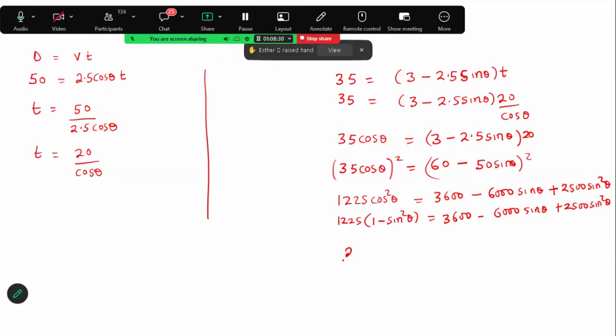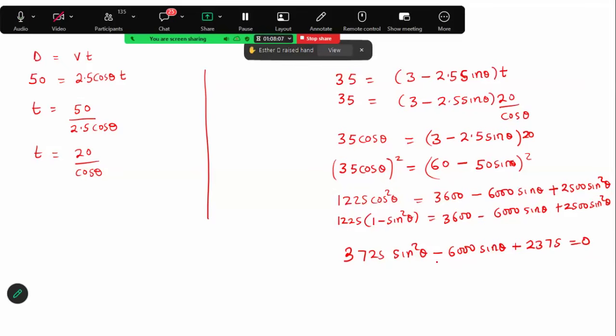It's going to be 3725 sine squared of theta minus 6,000 sine of theta. Then when you take this one to the other side, it's going to be 3600 minus 1225, which is going to give you your answer here as 2375 equals 0.